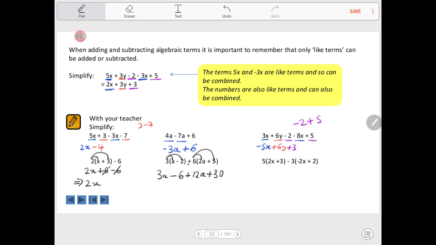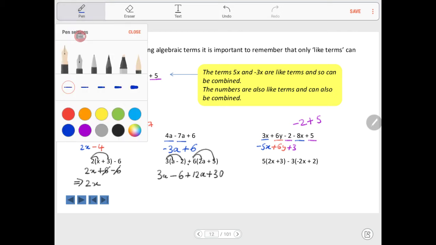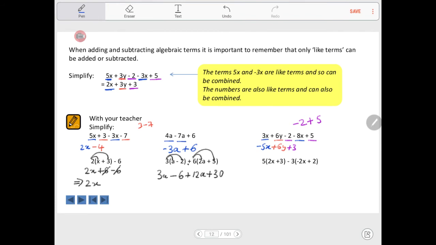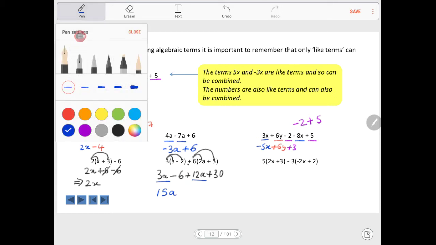Right, so let's gather the like terms now. So here is 3a and 12a. Those are like terms. So we have 3a plus 12a. How many a's? The answer is 15. 3a's plus 12a's makes 15a's. Alright, now we've got negative 6 plus 30.